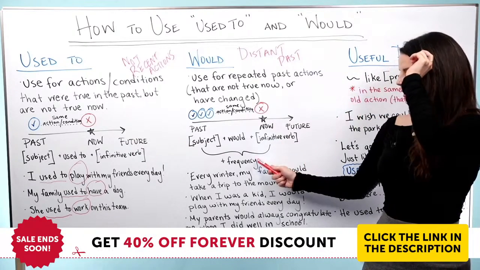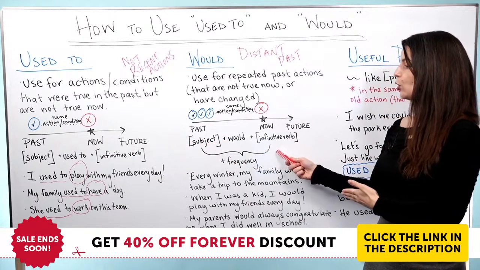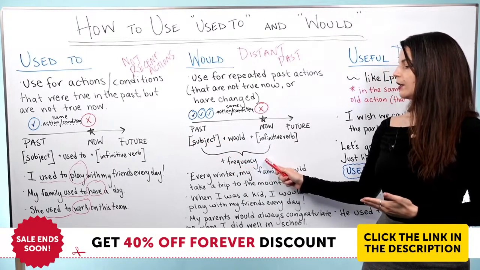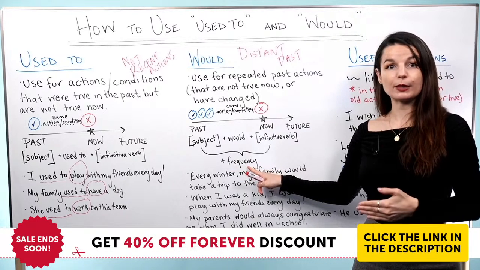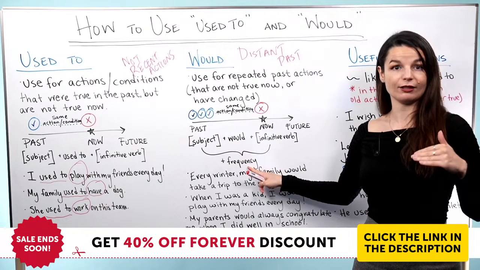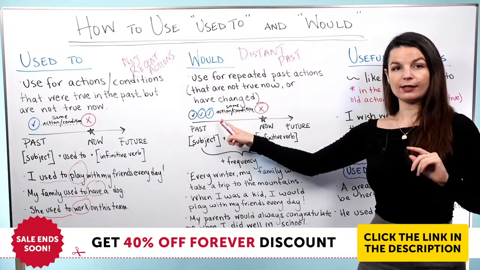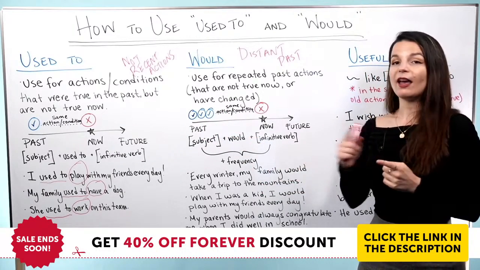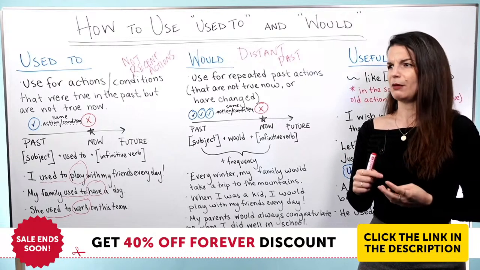And then, this is different from used to. When we use would, I have together here plus a frequency. Frequency means how often. How often did you repeat this thing? So this could be every day or every weekend, every month, maybe always.